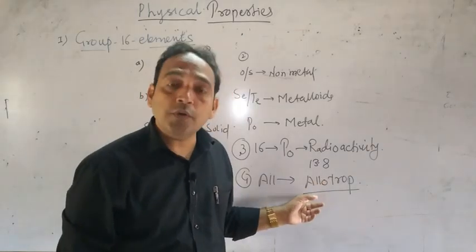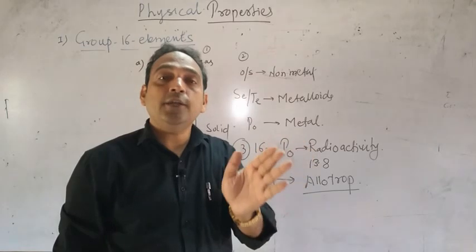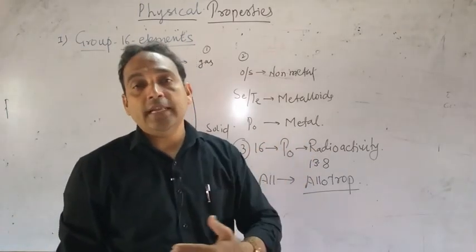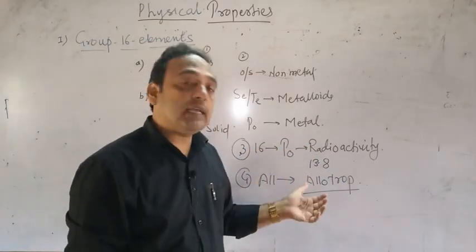So what is allotropy? The same element exists in two or more different forms, that is called allotropy.